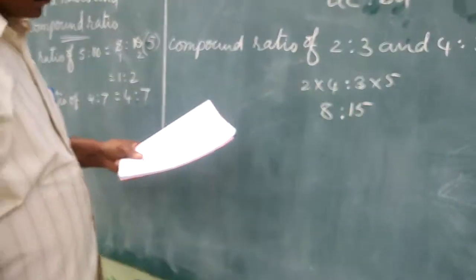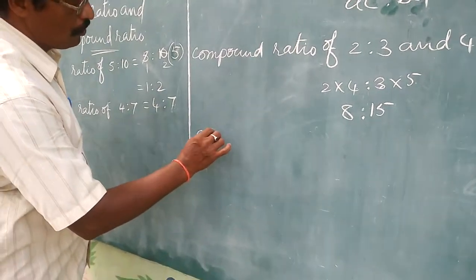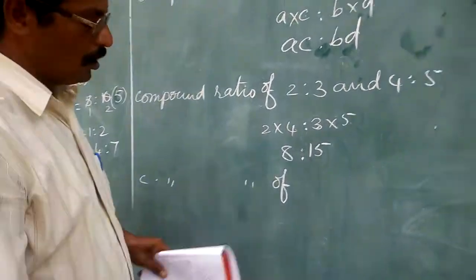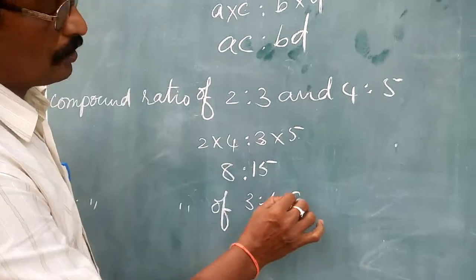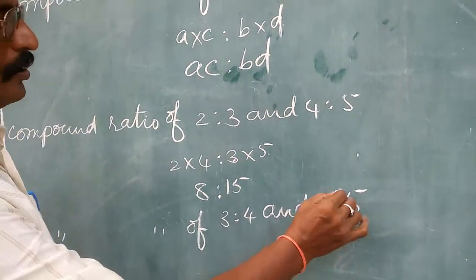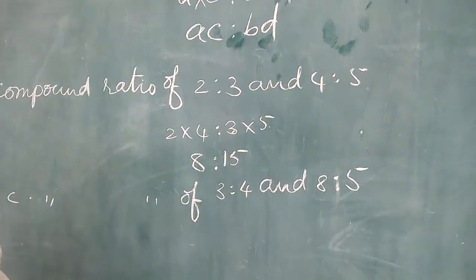One more example. Compound ratio of 3:4 and 8:5.